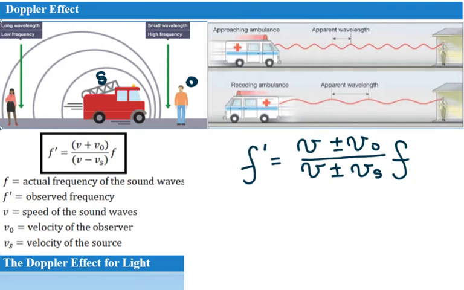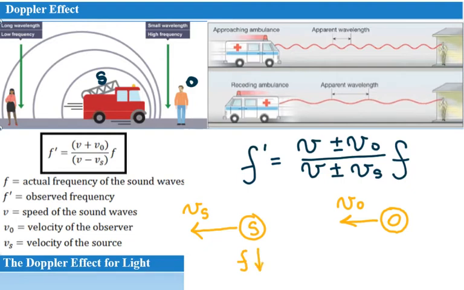Let's say here is another example. I have a source and I have an object. An object is moving toward the source, and the source is moving away from the object. So there is the velocity of the object and there is the velocity of the source. If the source is moving away from the object, then your frequency is lower, or this action makes the new frequency lower.